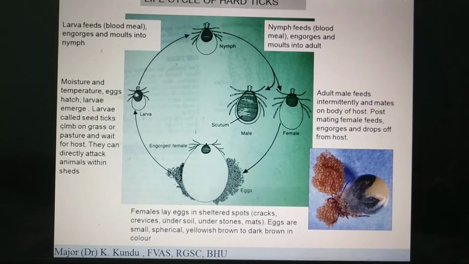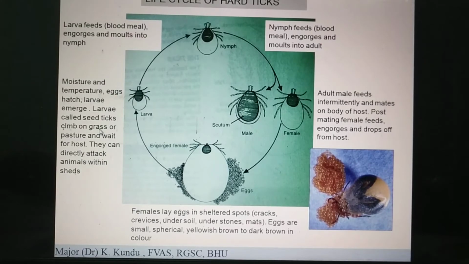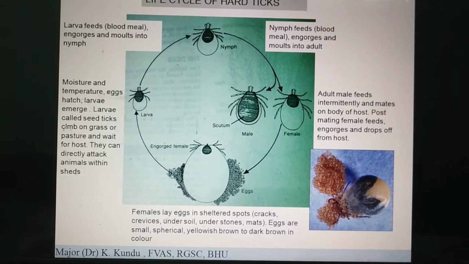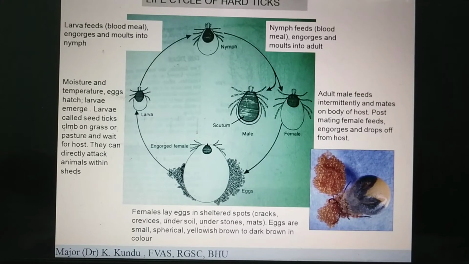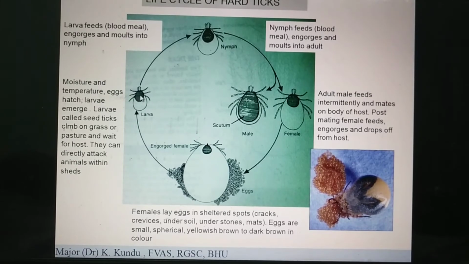Now, these larvae are very small and they are called seed ticks. If the animal is in the shed, they will crawl up the walls and wait, and once the animal comes they can attach to it. Otherwise, in the pasture, the seed ticks climb up the grasses or foliage early in the morning, and when the animals go for grazing, they attach onto the host.